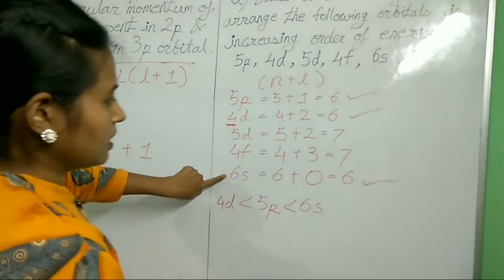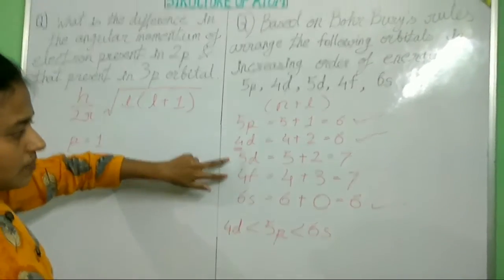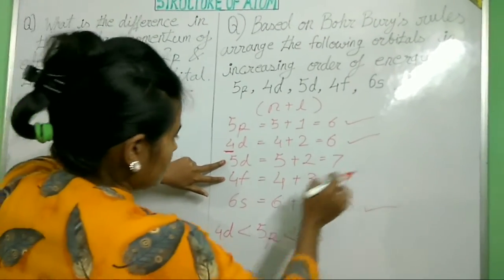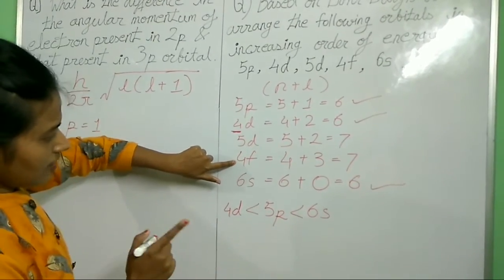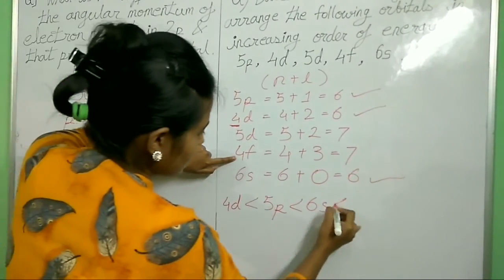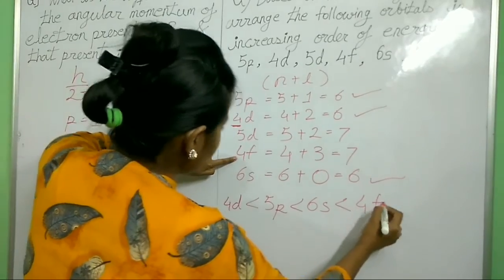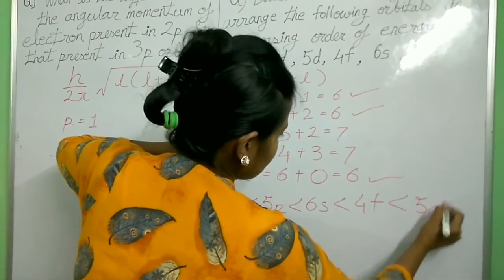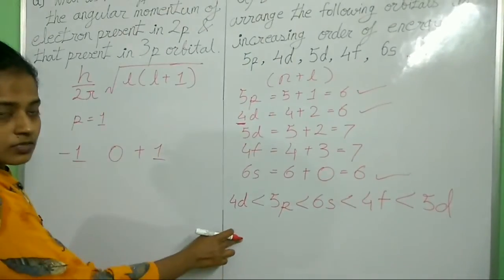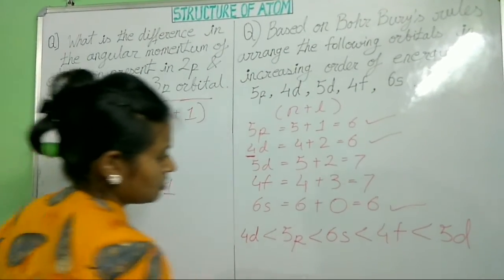In 6 we have completed. Now let's come to the n plus l of 7. The lowest n value is 4f, so the next orbital filled will be 4f and the higher will be 5d. Understood? This is the increasing order.